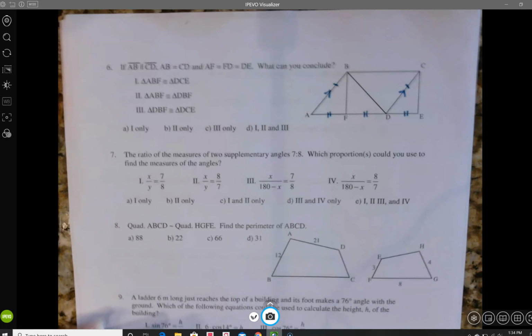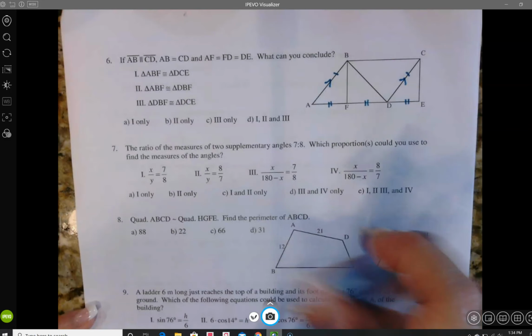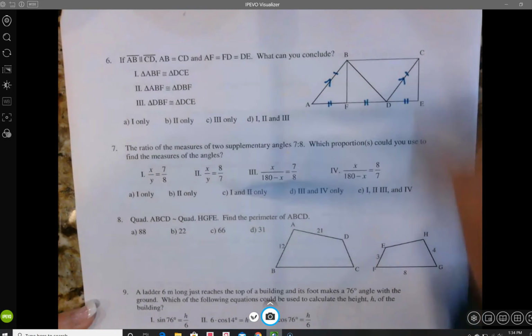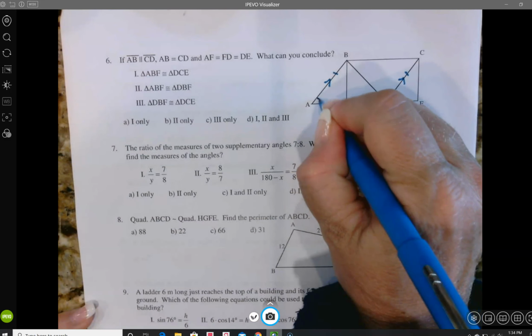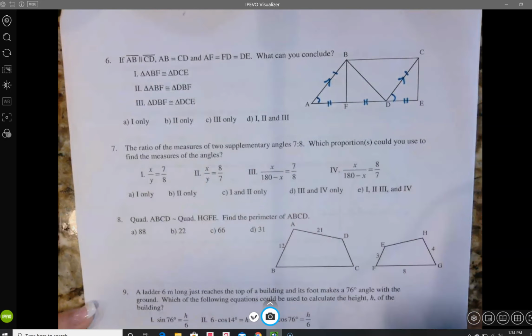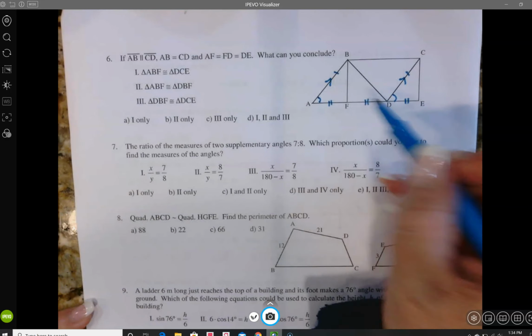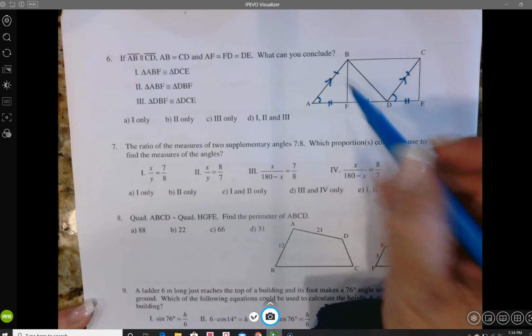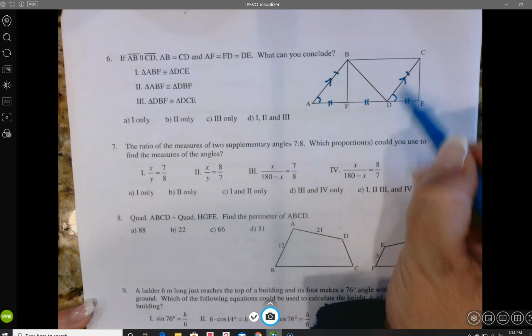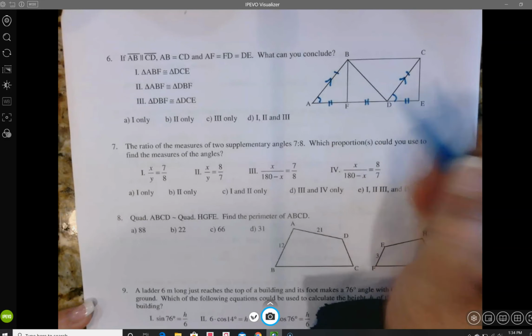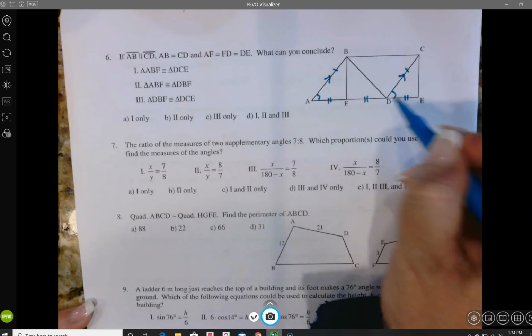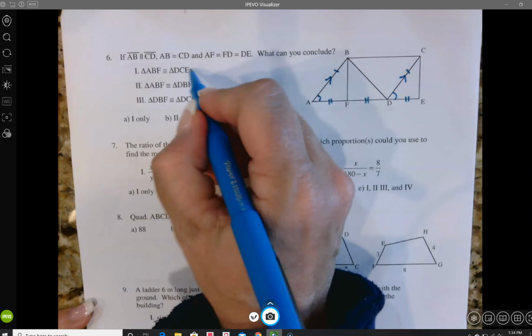With my parallel lines, I can see that I've got two parallel lines crossed by a transversal. I can see that I've got some congruent angles there, corresponding angles. So there are those. So I've got side angle side and side angle side. So I can say ABF and DCE are congruent.